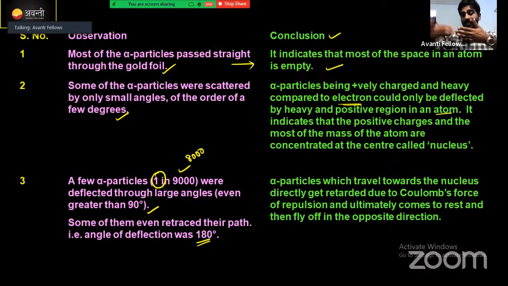But deflected means that instead of going in a straight way, due to the presence of force, since the nucleus has positive charge and the alpha particles also have positive charge, instead of going straight they take some angle from the original direction. That is called deflection. I hope it is understood, right, Priya?